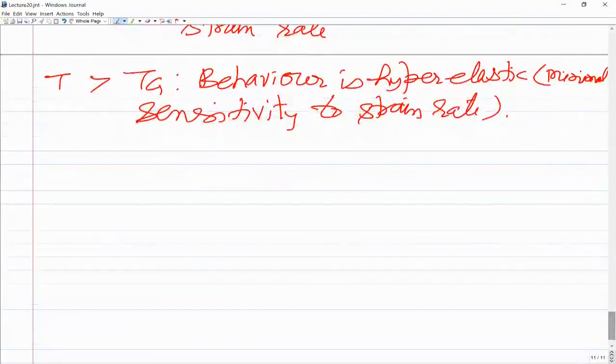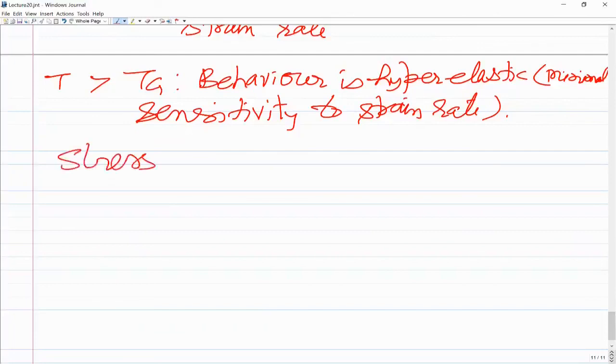The other complications can be viscoplasticity and so on, but right now we are talking about viscoelasticity. In viscoelasticity there are two main phenomena: one is stress relaxation, another is known as creep.